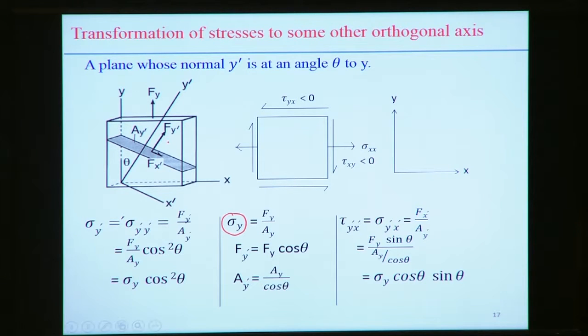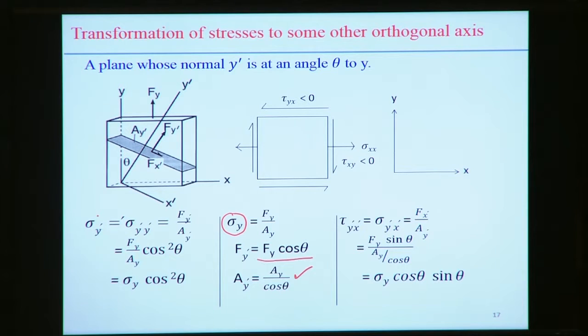Now Fy dot, that means the transformation of the force along the y dot direction, can be represented as Fy cos theta. Similarly the area of that plane, Ay dot, can be represented as Ay by cos theta.